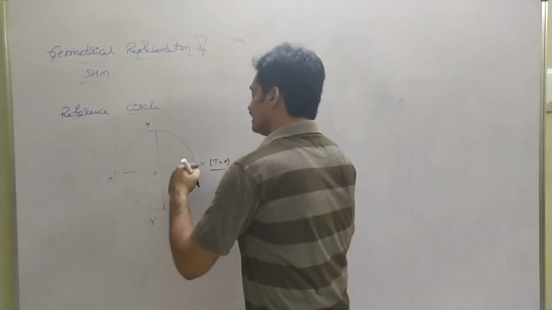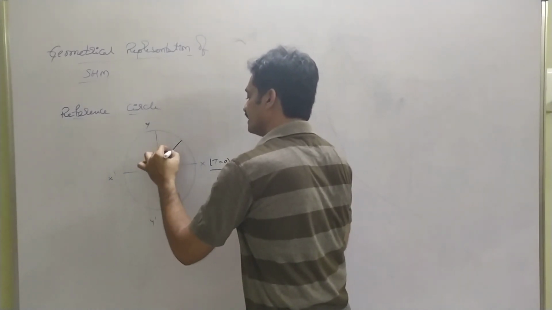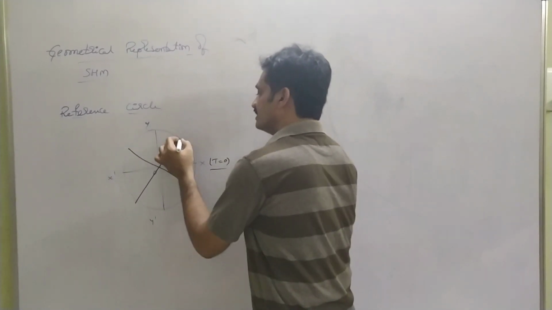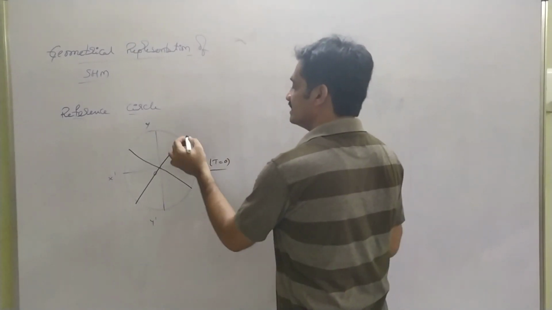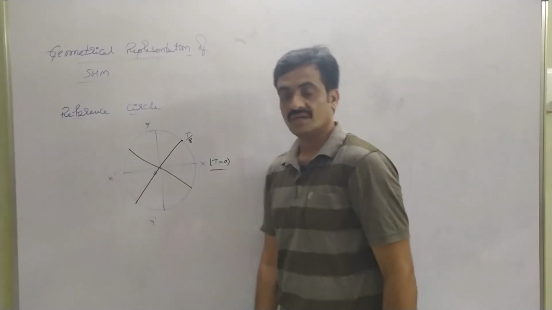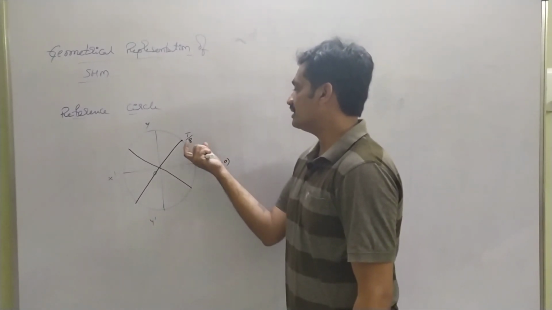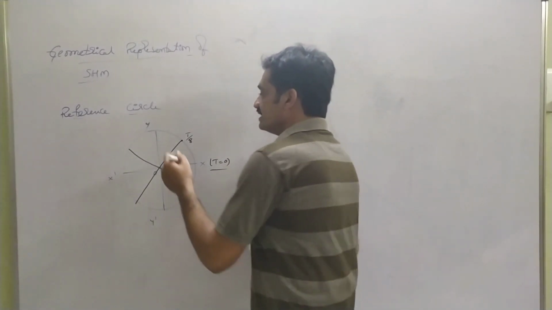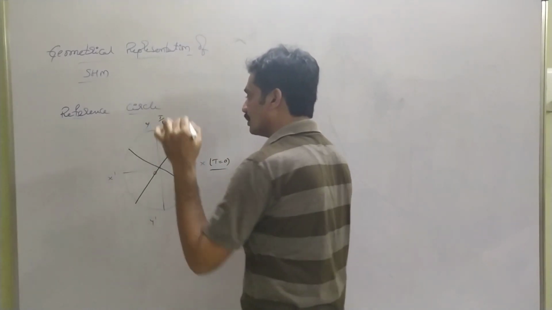When the particle is moving in uniform circular motion and reaches this point, the time is represented as T by 8, meaning from t equals 0 it reaches this point in T by 8 seconds. When it reaches this point, the time is T by 4.